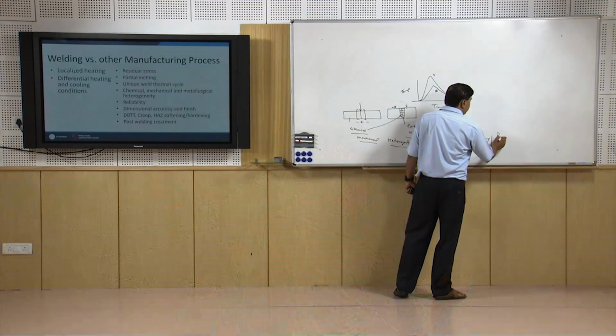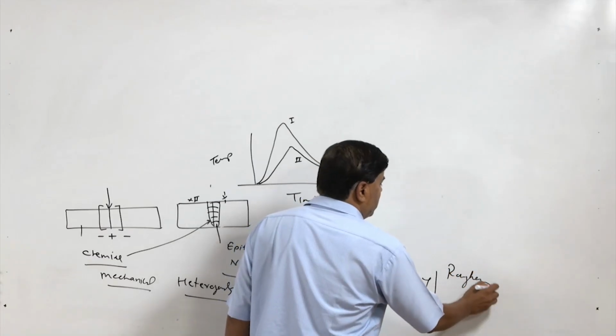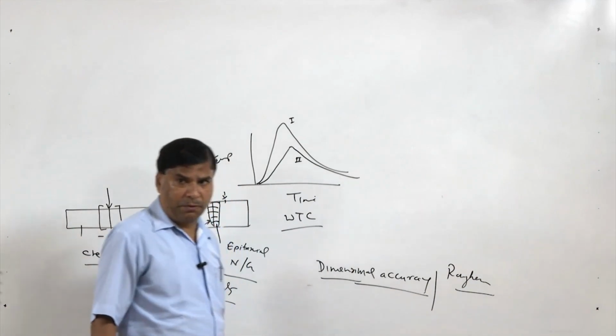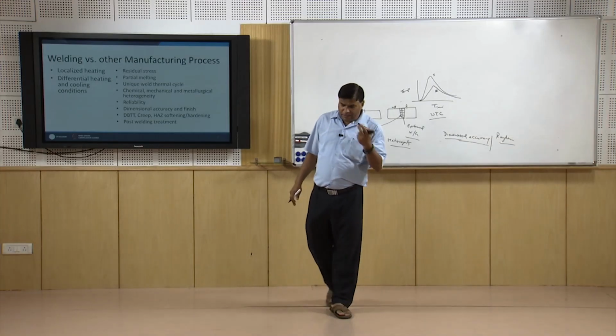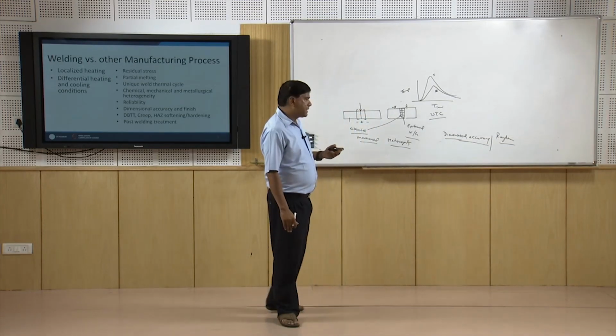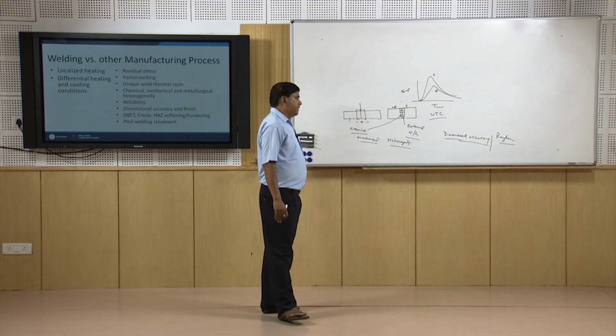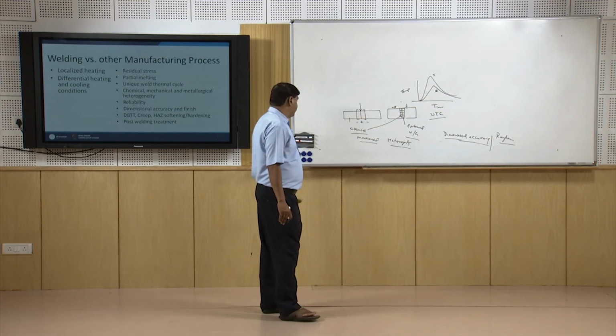Similarly, the surface roughness of the welded joint is also generally poor as compared to those produced by forming, machining or casting.